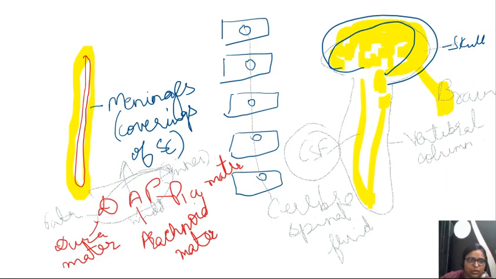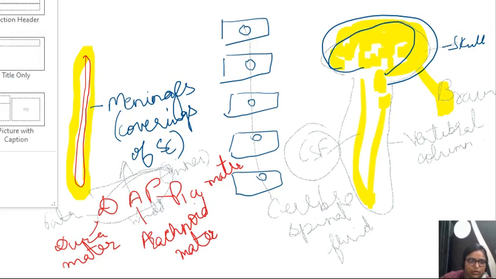Just a minute, I'll take a new slide to make you understand. See, if I draw here, for example, first let's clear the concept of grey matter and white matter. Any guesses?